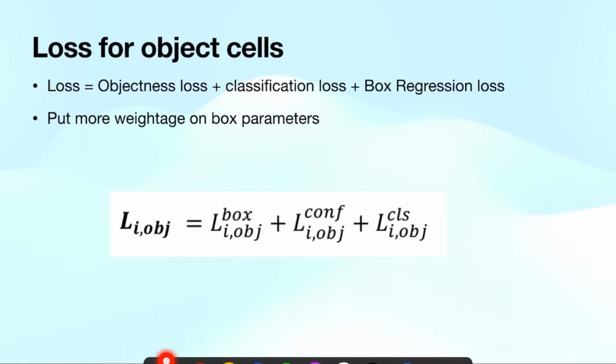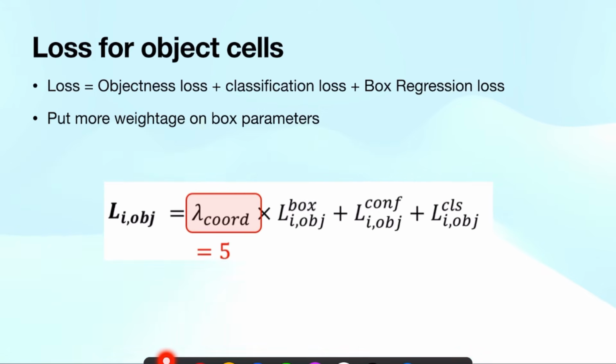So the total loss of a grid cell where an object is there is the loss for the box coordinates, the loss for the confidence score, and the loss for the class probabilities, a combination of these 3. We will see them one by one. As I mentioned, they put more weightage on the box loss, so they added another parameter before it, which is kept as 5.